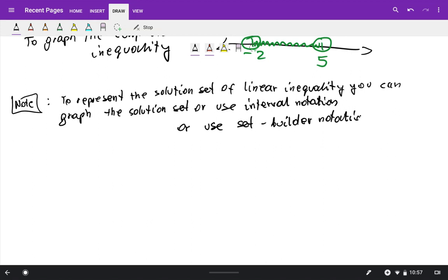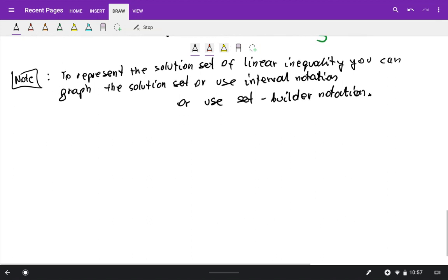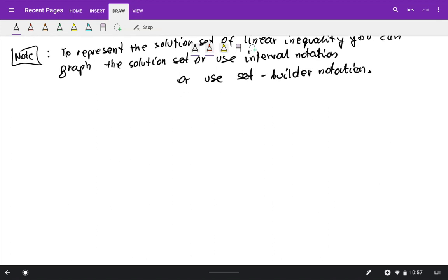So it's very important that when you guys are solving problems, you're paying attention to how they want you to express the solution of the inequality. Okay.